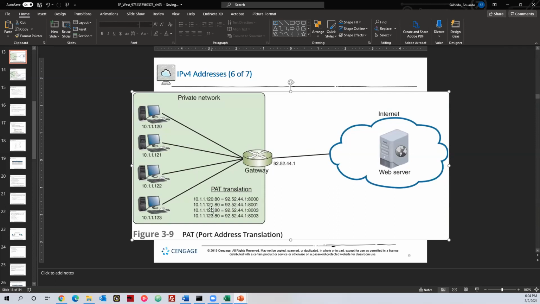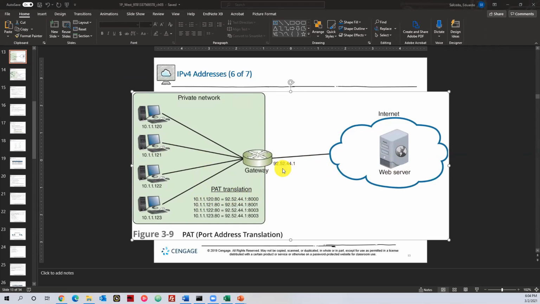And each one of these, you see, I can't highlight. One second. Each one of these here is translated into another one and goes out. So, how do I put it?